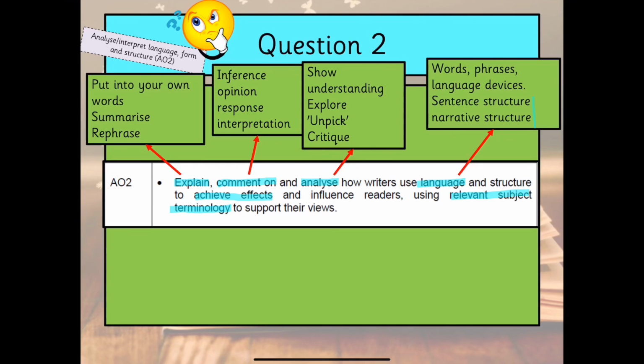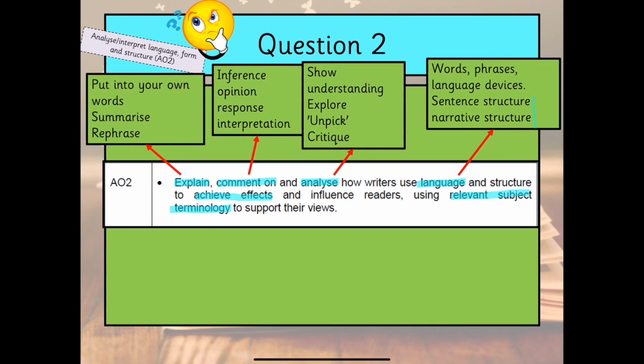And although it is relevant to comment on the writer's use of sentence structure or narrative structure, for a question 2, you really need to be doing that in terms of how they convey meaning or how they describe something, or how those sentence structures help to support the connotation that's being built up here, or how the narrative structure adds to the idea or the motif that the writer keeps coming back to.